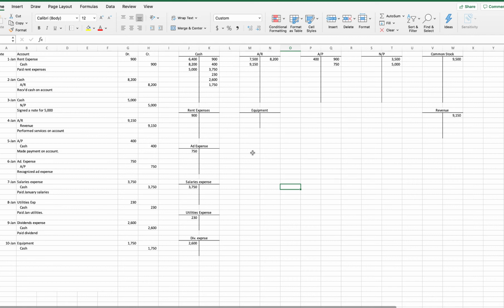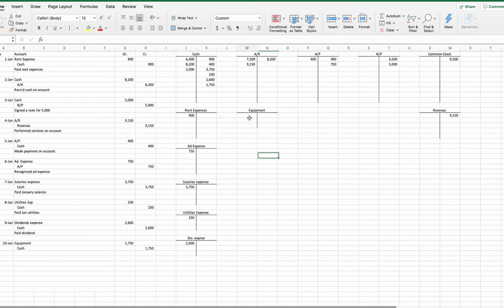I see that I have a debit to equipment for $1,750. Just need to make it so, right? Post it to the ledger, post it to the T account. $1,750. Okay? Remember, equipment is an asset. I'm buying an asset, so I'm increasing my assets. So I need to debit equipment.